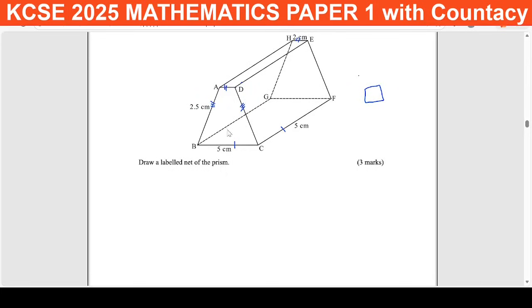So what we have here is we start with the base, that is 5 centimeters by 5 centimeters. So that is going to look like this. It's somehow like a square. It is indeed a square. 5 centimeter, 5 centimeter.